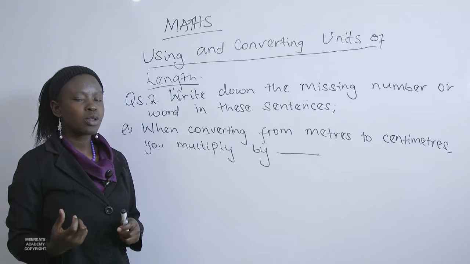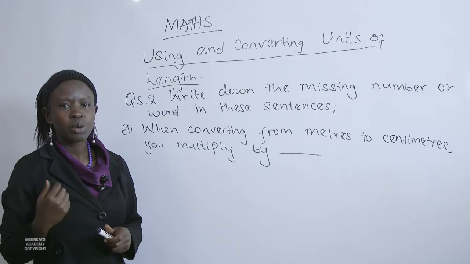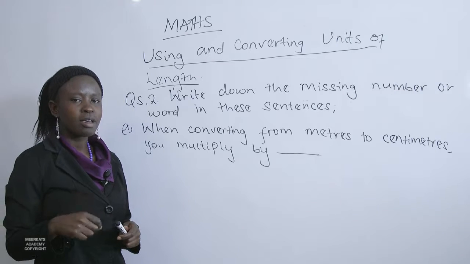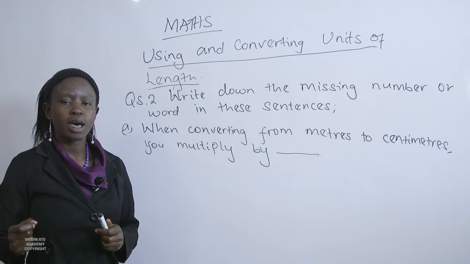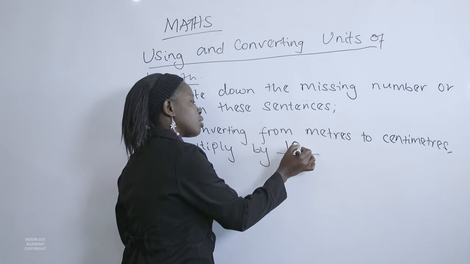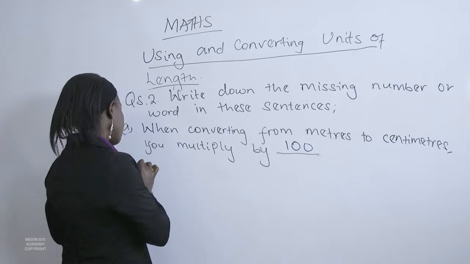And from our conversion, we know that 100 centimeters is equal to 1 meter. So that means if I need to convert from meters to centimeters, then I will multiply the value I have by 100. So the value that we are looking for is 100. The second question.